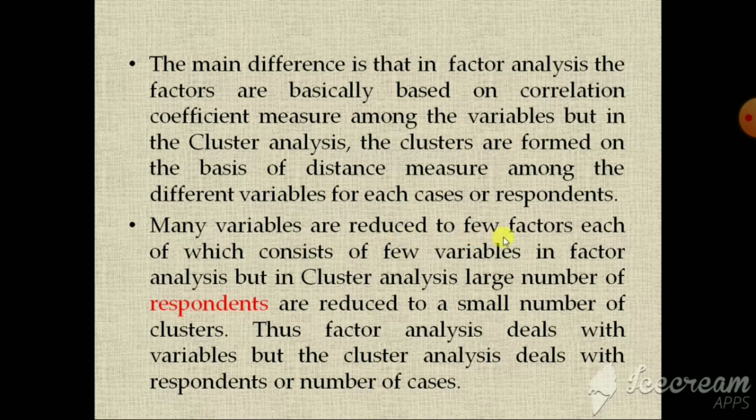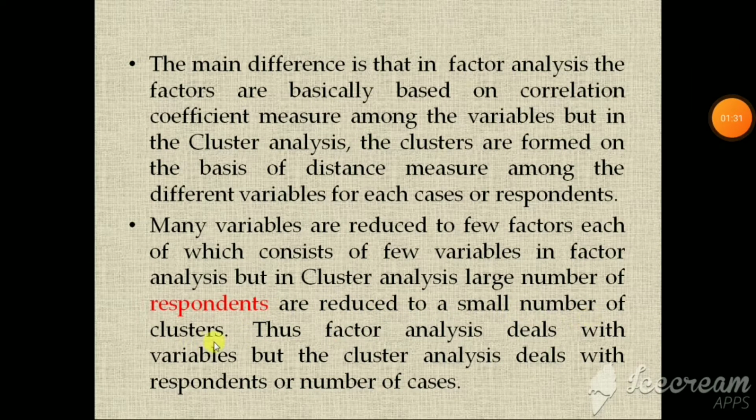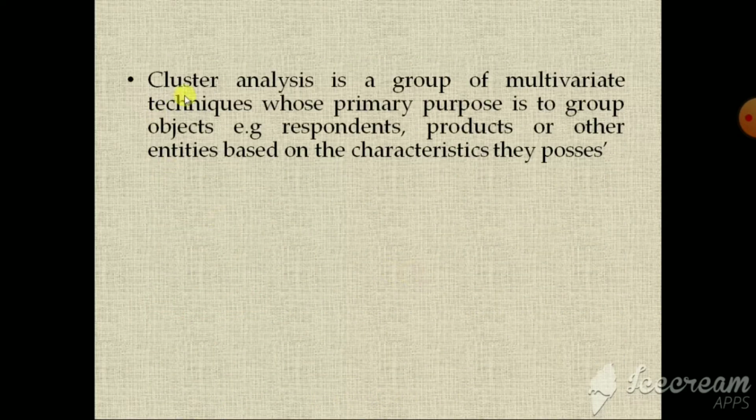Many variables are reduced to a few factors, each of which consists of a few variables in factor analysis, but in cluster analysis a large number of respondents are reduced to a small number of clusters. Thus, factor analysis deals with variables, but cluster analysis deals with the respondents or number of cases.